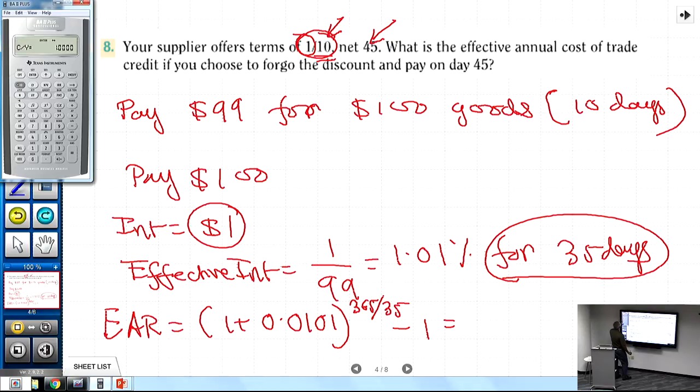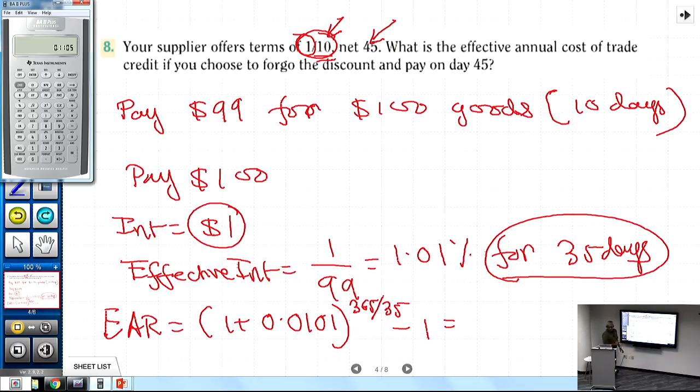Okay, so I'm going to clear that. So I'm going to get 1.0101, and I'm going to do y to the x, raise that to the power 365 over 35, which is 10.43. That's 1.1105 minus 1.